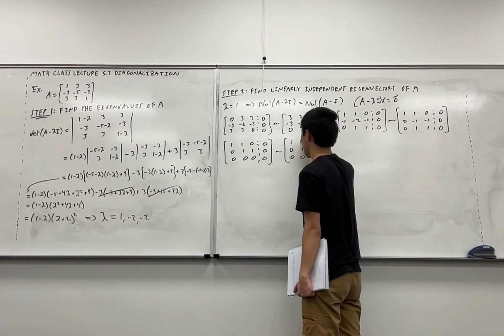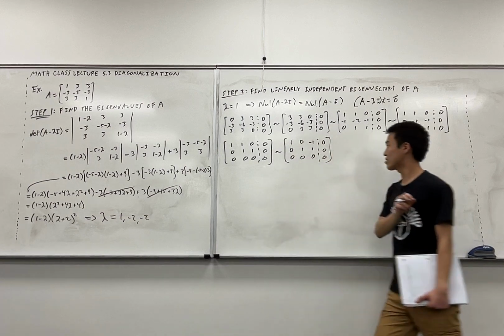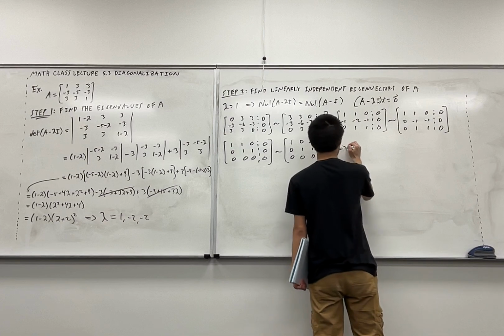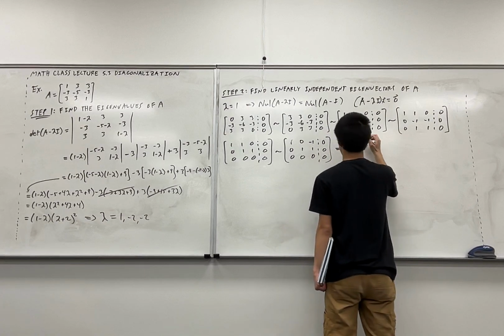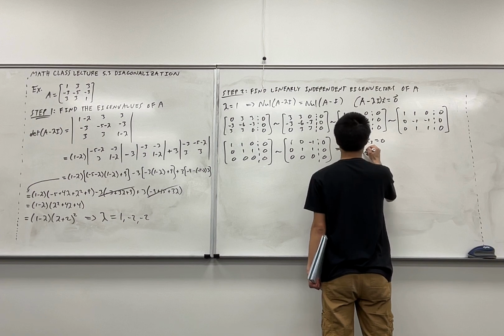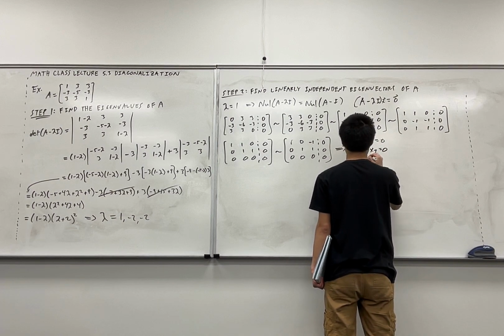So 1 minus 1 is 0, 0 minus 1 is negative 1, and we're done. Okay? So now we have x1 minus x3 equals 0, and x2 plus x3 is equal to 0. And what do we call x3? Free.